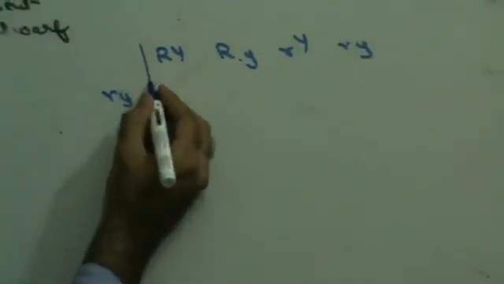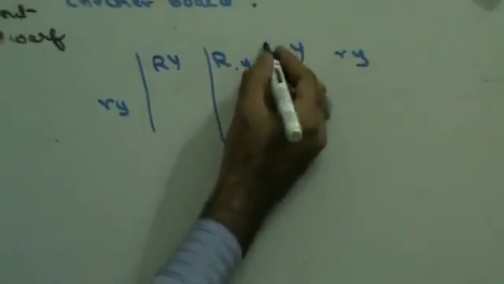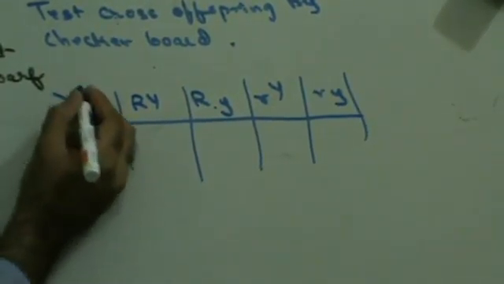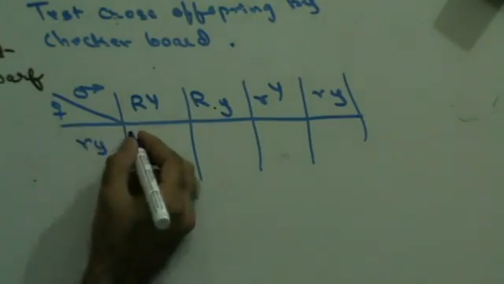On the other axis you are going to have ry, only one type of gamete. One of the plants is considered as male, the other is considered as female.